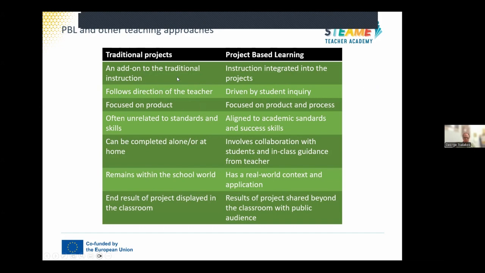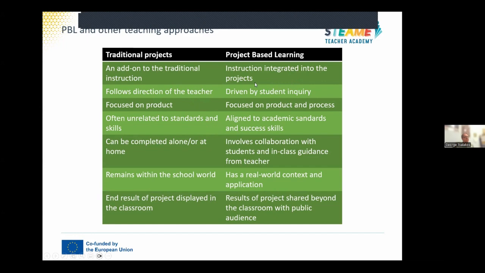Usually, doing projects in a class or in a lesson is something additional to the traditional instruction, over and above our instruction, while project-based learning is instruction integrated into the project.